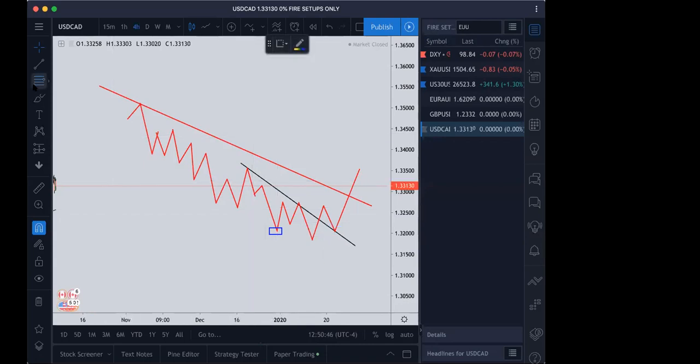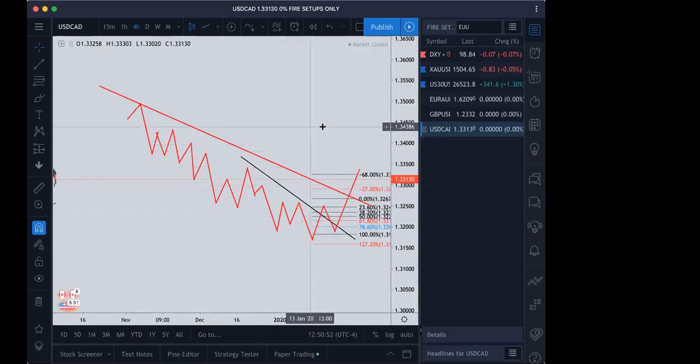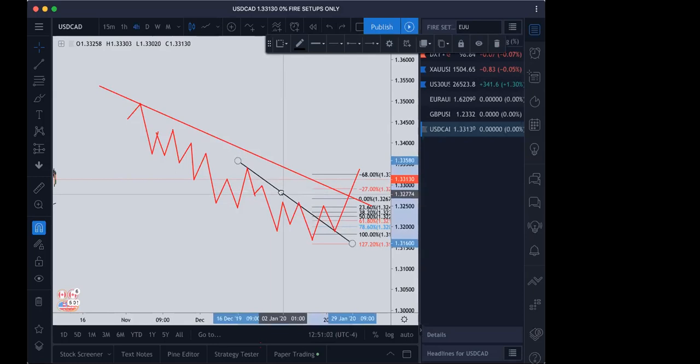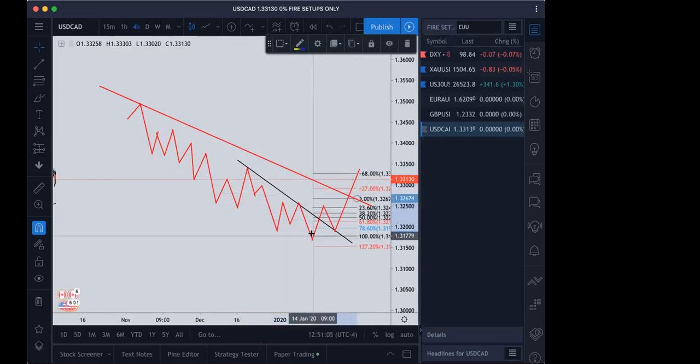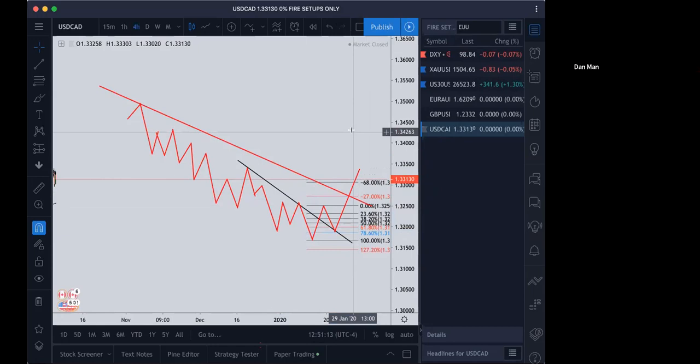Let's put Fibo, please. Like this. Okay, where are you looking to go long and why? 78.60.